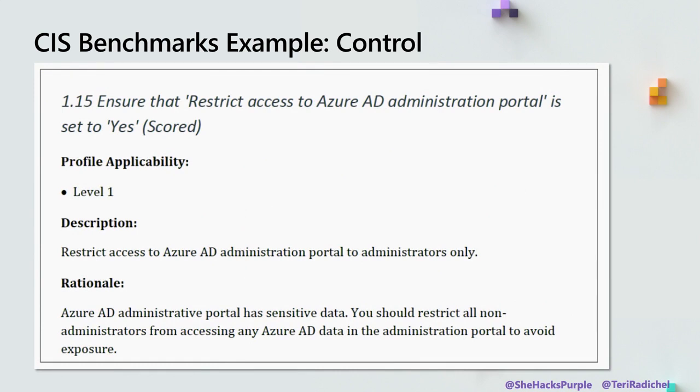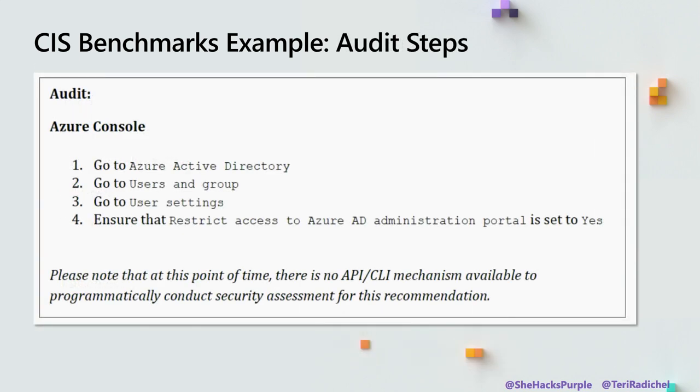So the CIS benchmarks, here's an example, just to give you an idea. Again, this is something: restrict access to Azure AD Administrative Portal. It actually tells you what setting to go set for this best practice. And this is part of the Azure platform security best practices. And this is the second part. There's actually 3 parts to it, but one of them is audit steps.